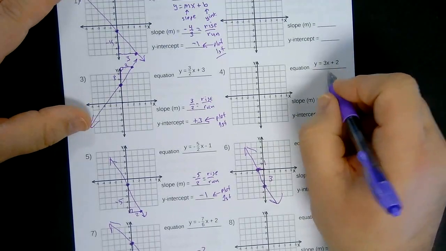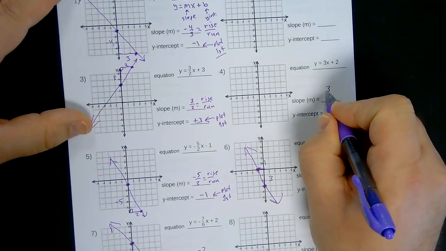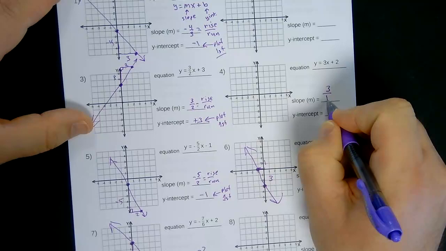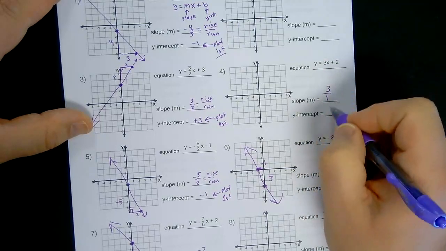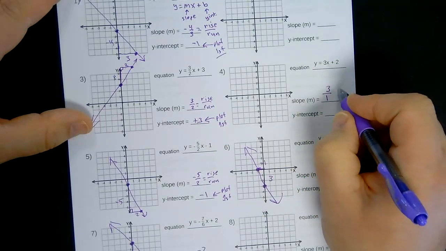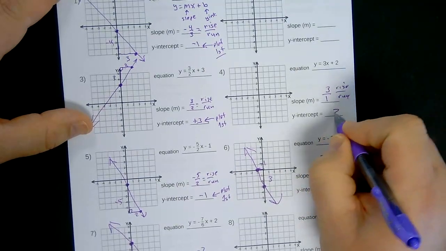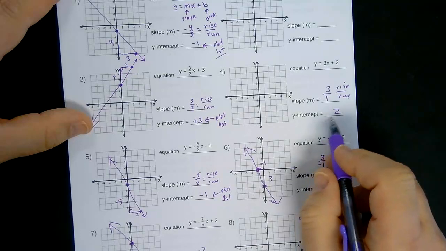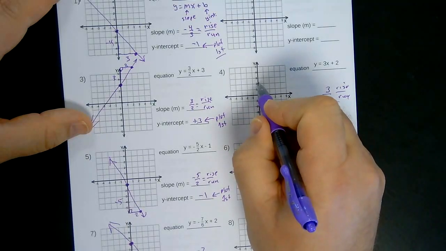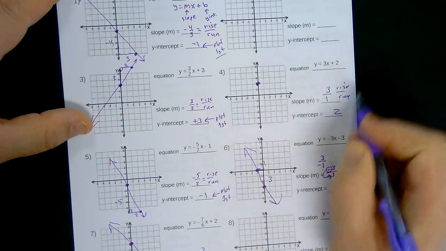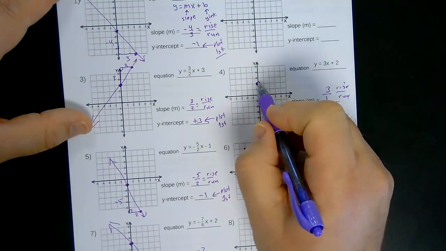Here's another one, number 4. My slope is 3 over 1, even though it says 3, I'm going to make it into a fraction, 3 over 1. Again, rise over run. Y-intercept is 2. So first thing I plot is the y-intercept at 2. And then do my slope, rise up 3.